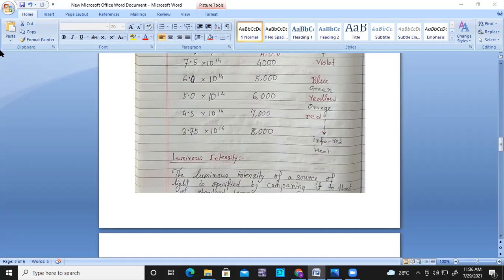And now if you go for the carbon filament lamp, it is a standardized one. So this standardized lamp is compared with the other light, then we can find out this multiplication.